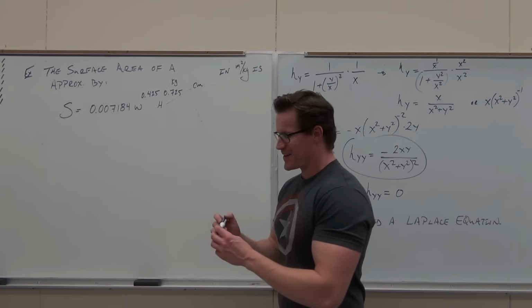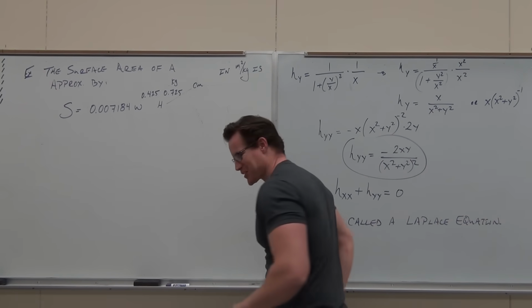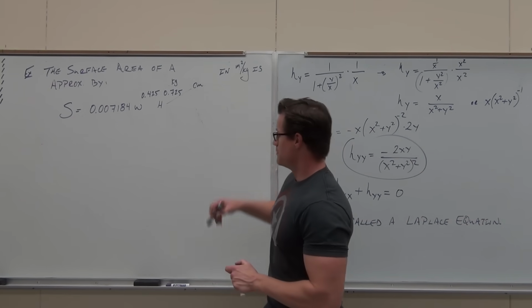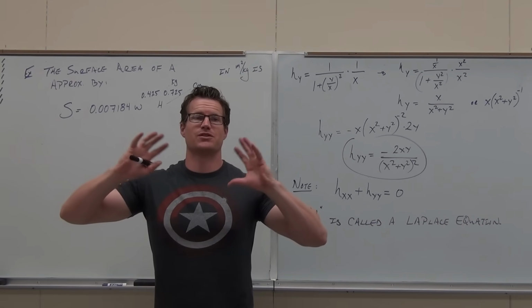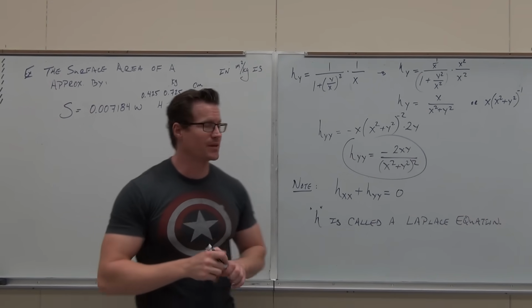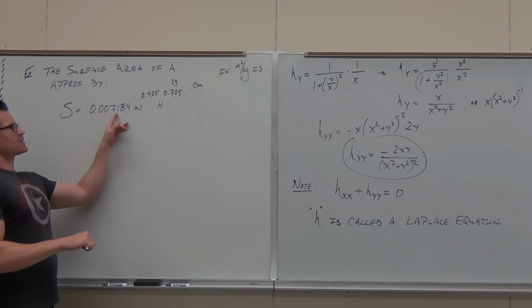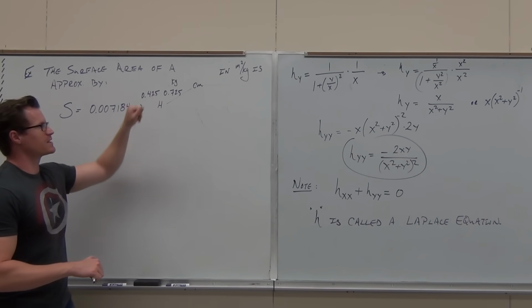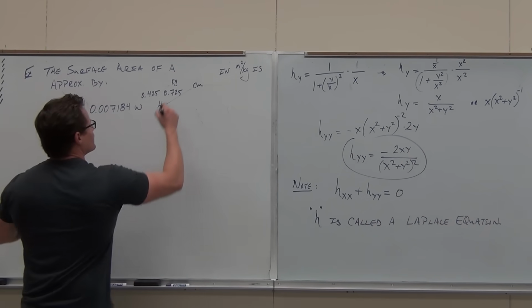The surface area of a, wait for it, the surface area of a blank in meters squared per kilogram, notice that that's going to give a surface area of something, is given by the following equation. Surface area equals some constant times weight to this power times height to that power, where weight's given in kilograms and height's given in centimeters.